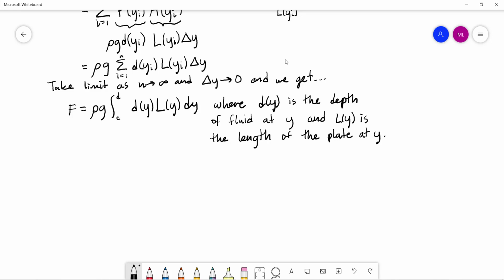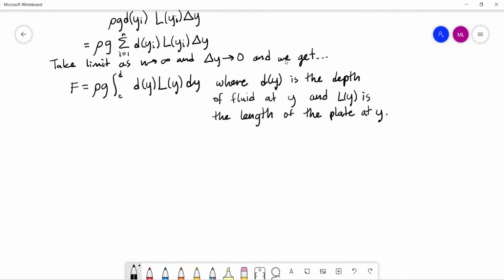So, if we do some examples, we can see that this is a relatively straightforward type of problem. I want to do a tank, and this maybe has sides that are 5 feet tall and 4 feet wide, and is filled with water.